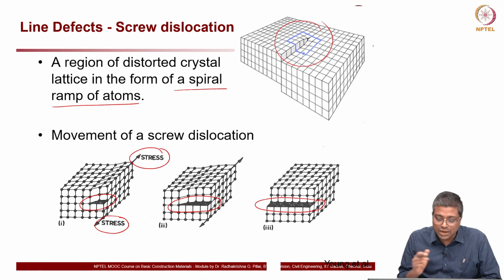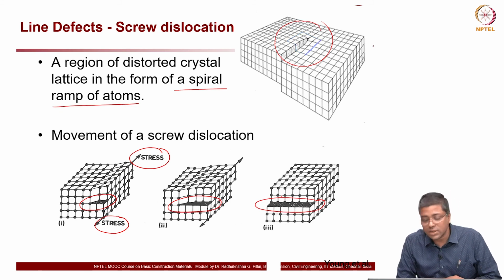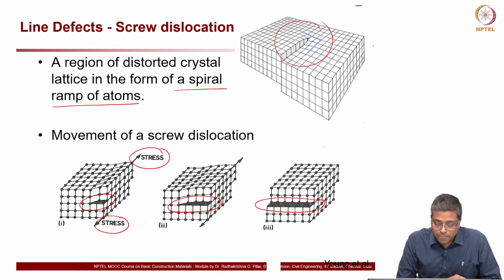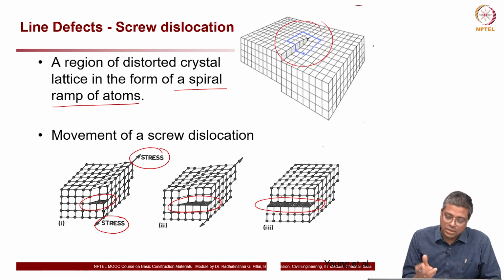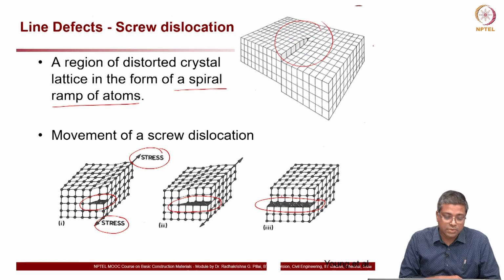If you look at the third image, you will say that it is very similar looking to the line defect. But the point is the movement is happening in one direction and this shearing or the defect is in the perpendicular direction, okay. Whereas in case of edge dislocation, both are happening in the same direction.